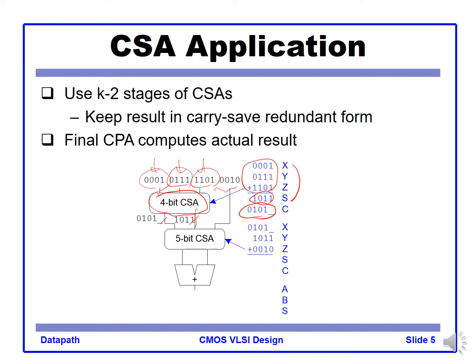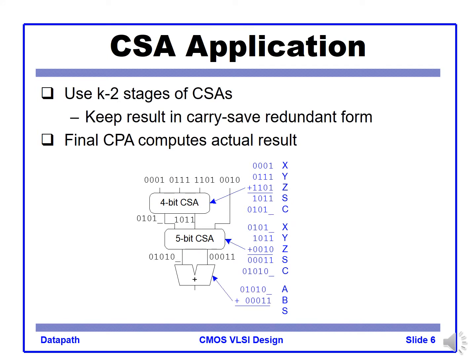Now the remaining 0000010 will be added through an additional carry save adder. So the previous carry and sum are shown here, and the additional number z, the input, we get from the input. If we add them all, we get the final carry and sum here, right? The final carry and sum will be like this.